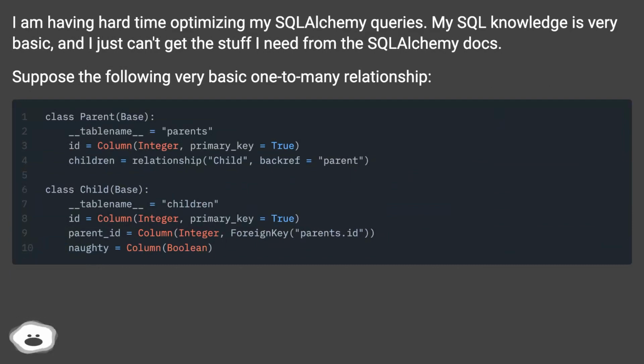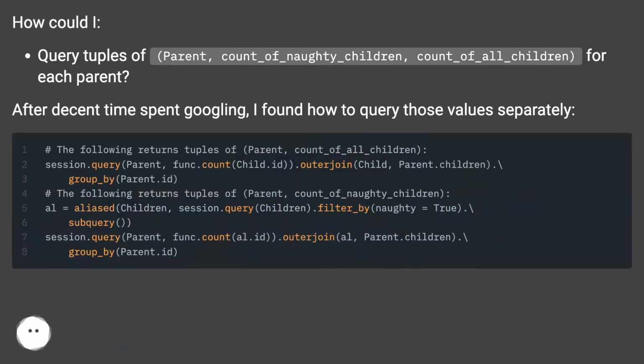Suppose the following very basic one-to-many relationship. How could I query tuples of parent, count_of_naughty_children, count_of_all_children, for each parent?